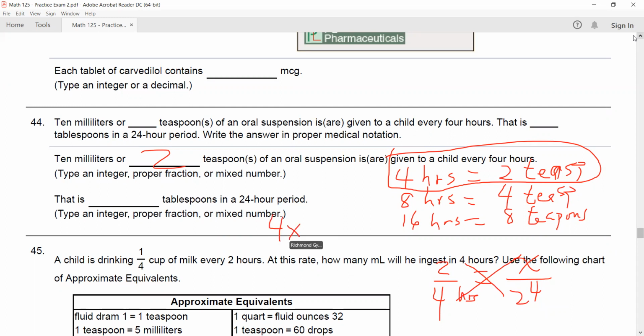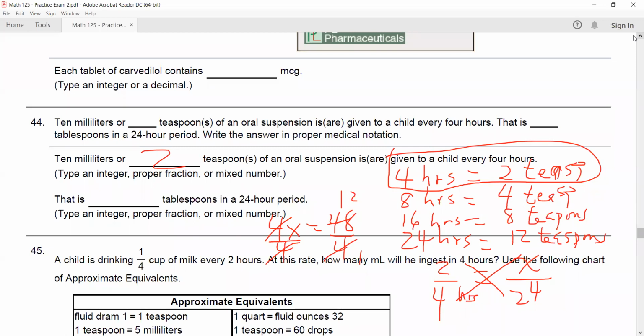I'm going to write that here equals 2 times 24, which is 48. Divide by 4. And then what happens? You have 48 divided by 4 is 12. So X equals 12. What this means is that in 24 hours, this child is given 12 teaspoons in a 24-hour period. But that is not our answer, right?